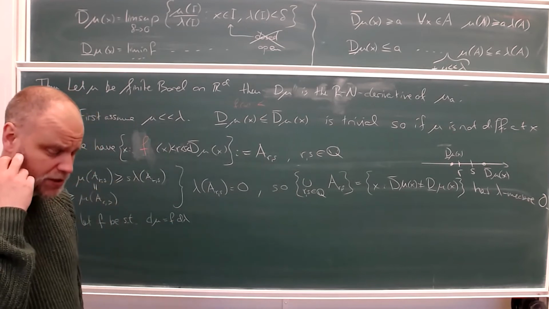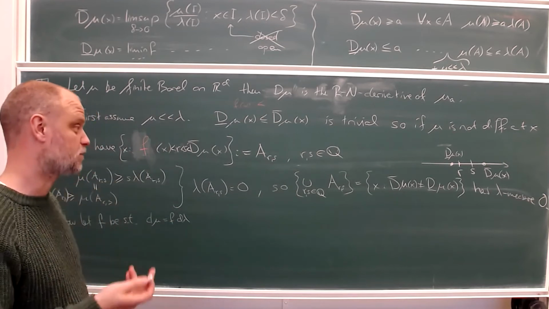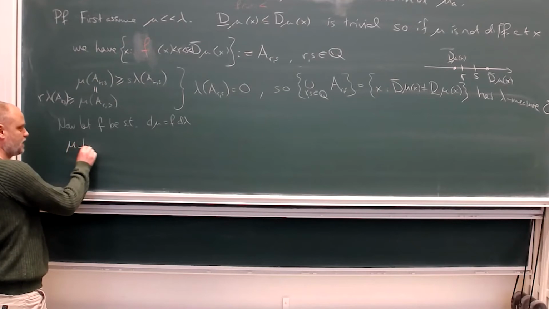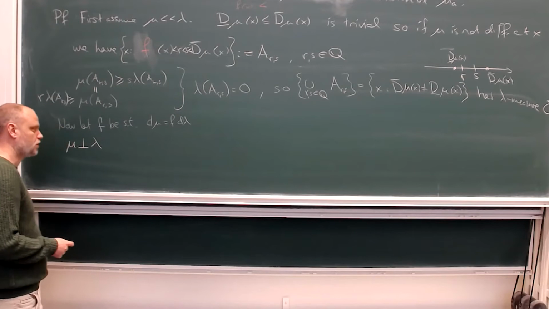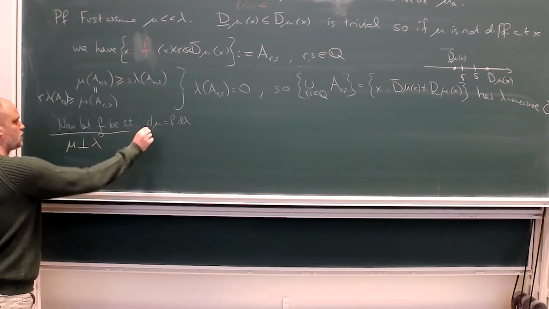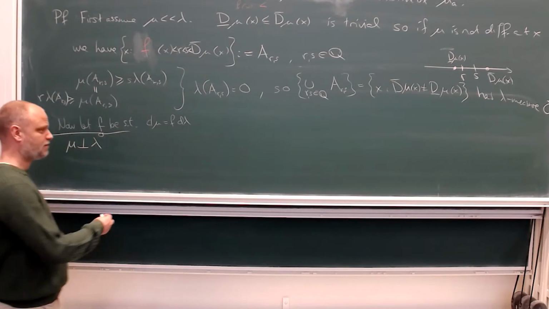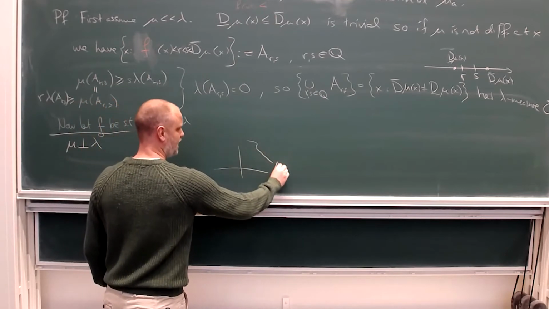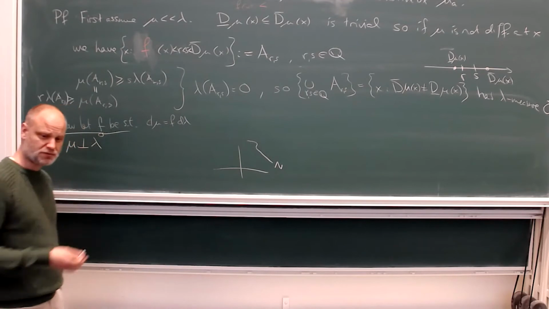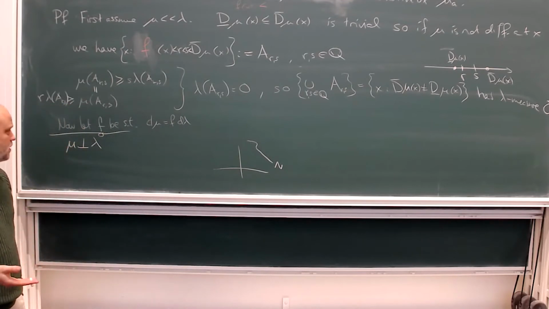Finally, we have to deal with the singular part if there is one. Now we assume instead that we have a singular measure, and then we're going to just add our conclusions here. What do we have then? Okay, so this is our space, and here's some set N, which is thin or negligible, where the measure mu lives.